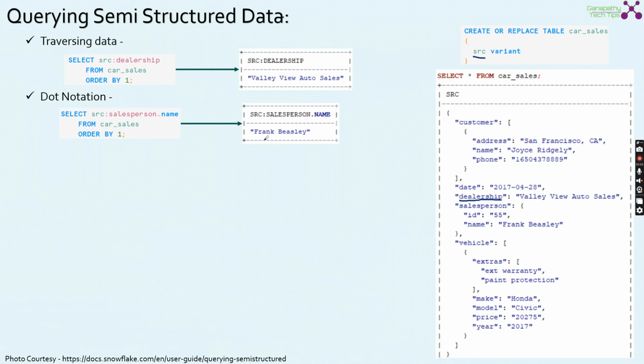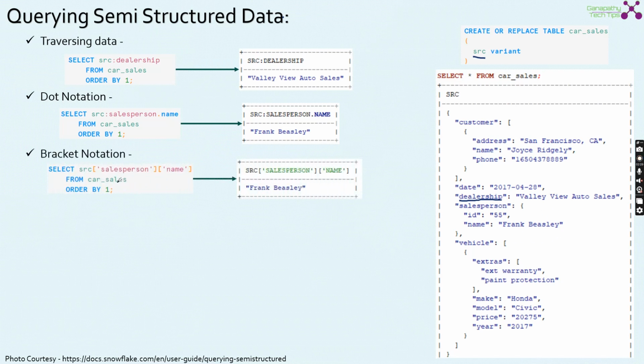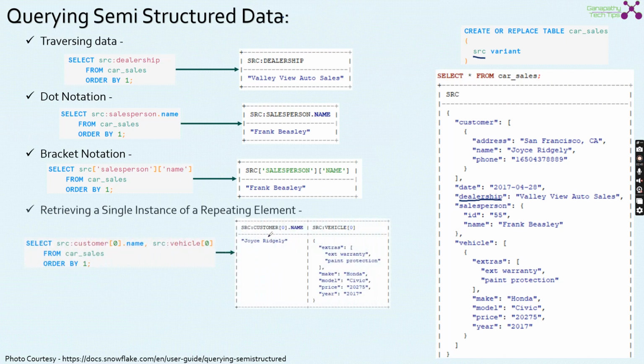By doing so, we will get the value of Frank Beasley, as simple as it is. Now we are moving on. We are just trying to do the same using the bracket notation. We can use the bracket notation as well: SRC salesperson name. Obviously, the same value of Frank Beasley will get returned.